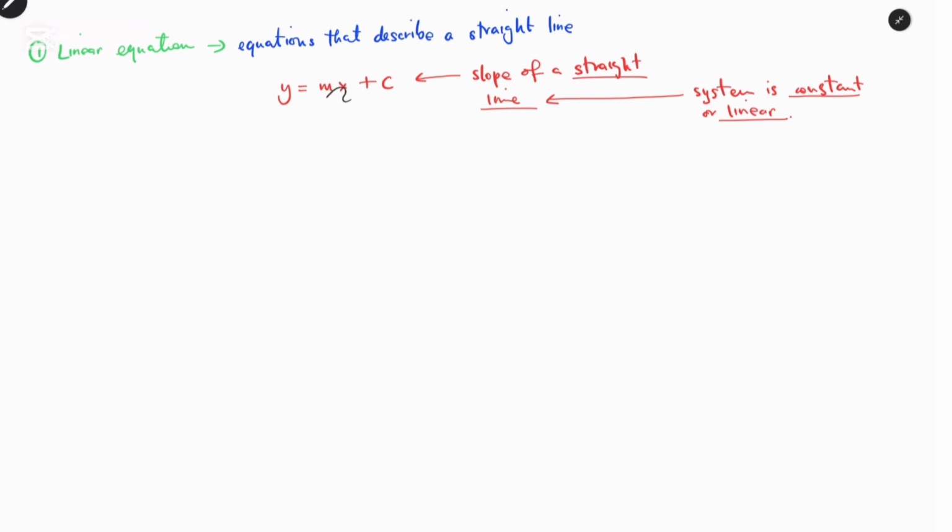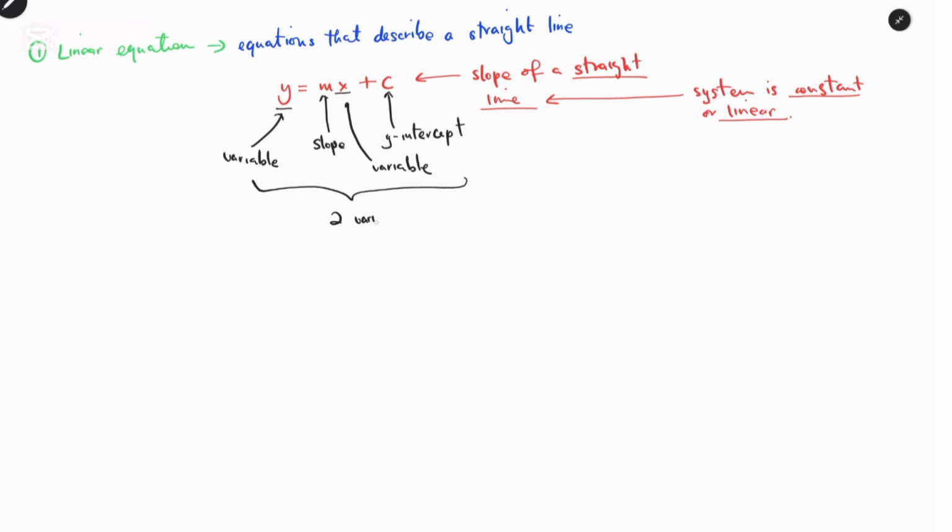From this equation, we have the slope of the graph and the y-intercept. And the variables x and y are varying quantities, meaning y is a variable and x is also a variable. And this equation now has two variables.